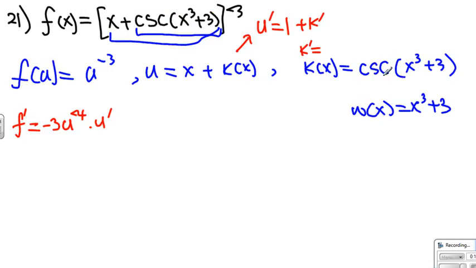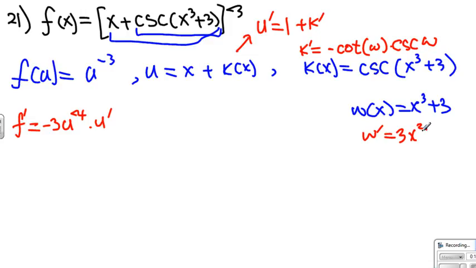K prime is equal to the derivative of cosecant. The derivative of cosecant is negative cotangent of the expression inside. Why don't I call it w, because the inside expression was w. Times cosecant w, and w prime becomes simply 3x squared.